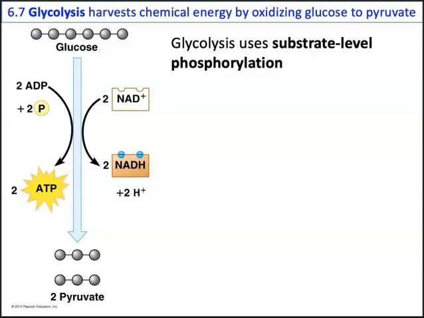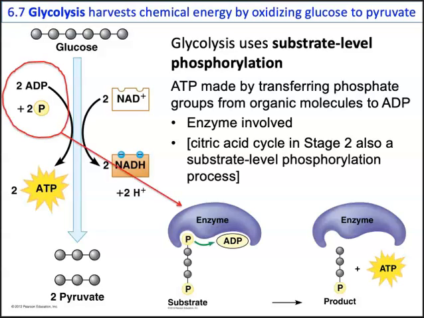Glycolysis uses a process called substrate-level phosphorylation in order to make those ATP that we're getting out of it. What that means is that ATP is made by transferring phosphate groups from other organic molecules to ADP. And there is a specific enzyme involved that brings these together so they can react.